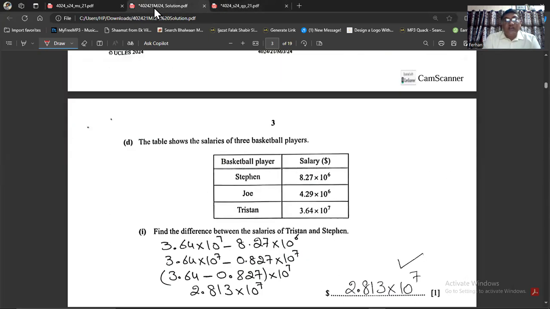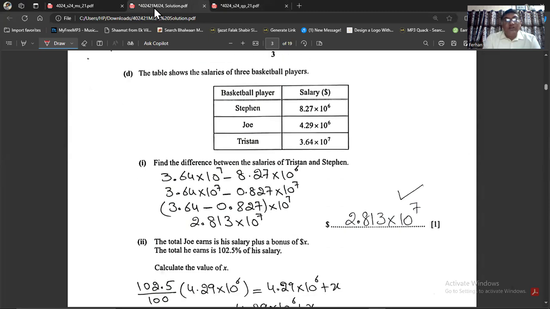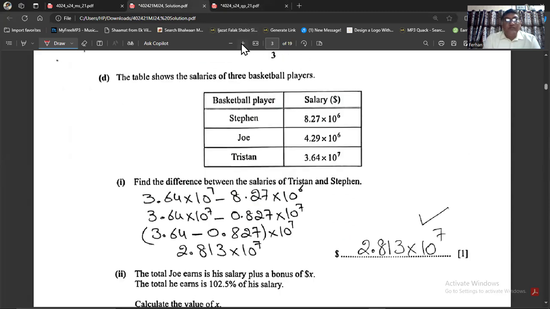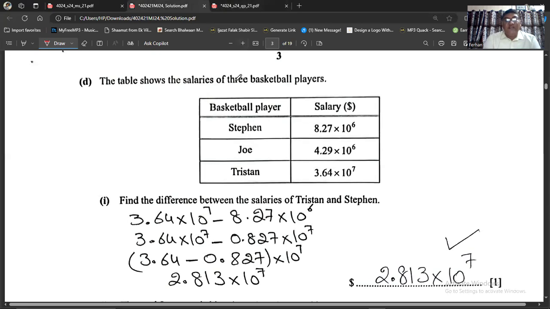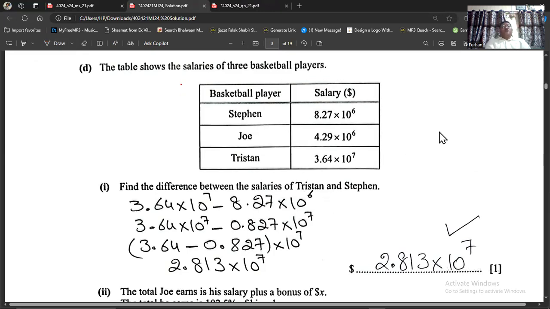So we will find the difference between them. Okay, so let me show you. So 3.64 x 10^7 minus 8.27 x 10^6.